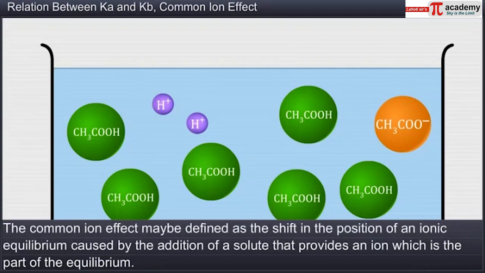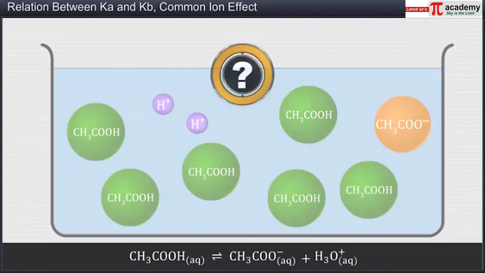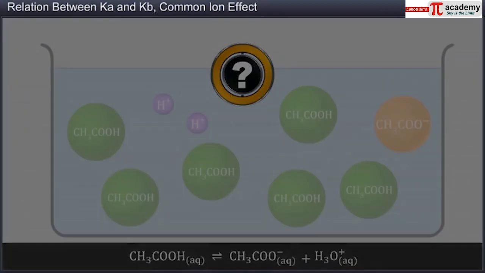The common ion effect may be defined as the shift in the position of an ionic equilibrium caused by the addition of a solute that provides an ion that is a part of the equilibrium. You will learn how to evaluate the pH of the solution when an electrolyte containing a common ion is added to a weak acid or base through a problem.